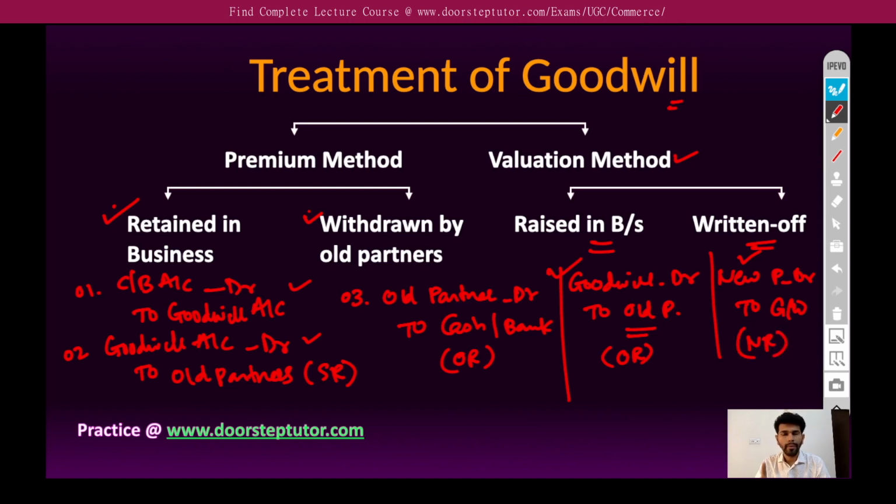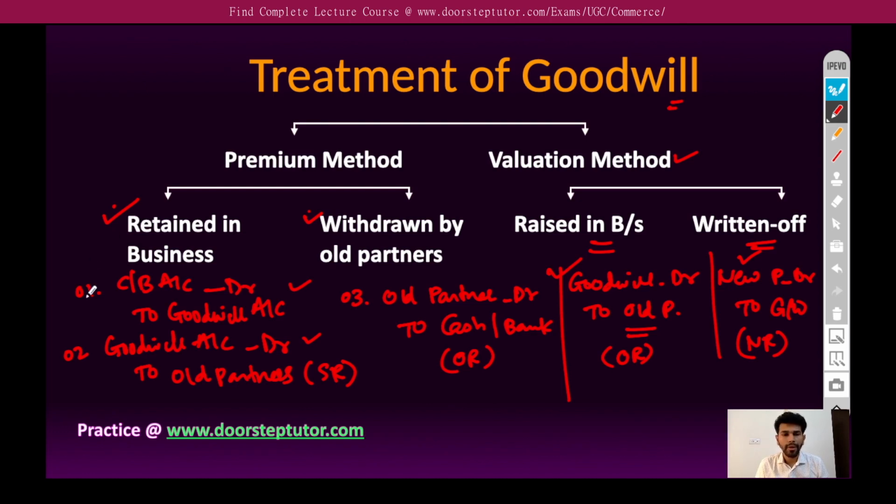So, treatment of goodwill in premium method and valuation method: at the time of admission of a new partner, the incoming partner brings goodwill in the form of cash. The entry will be cash or bank account debit to goodwill account, and if it is retained in the business, then the amount will be distributed among old partners.